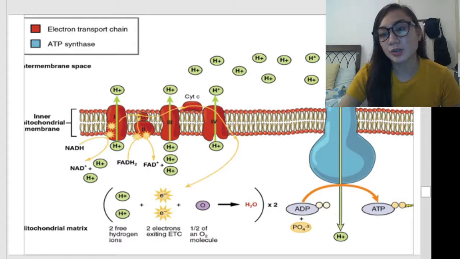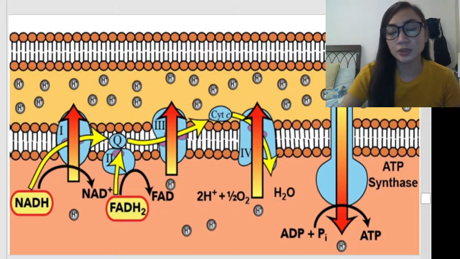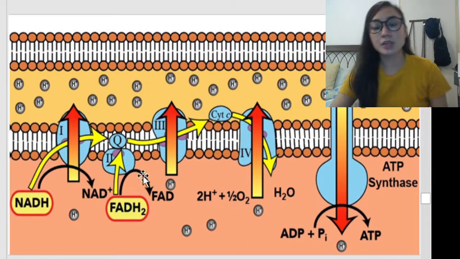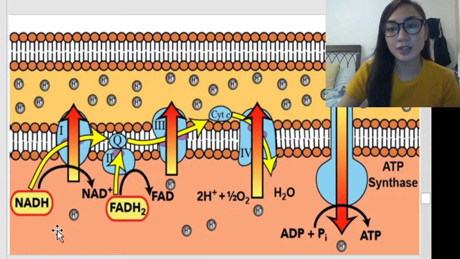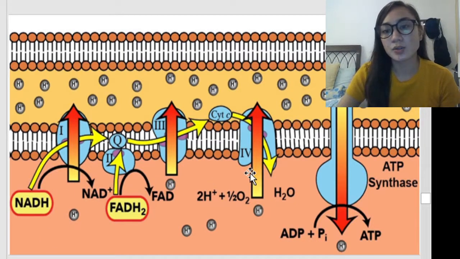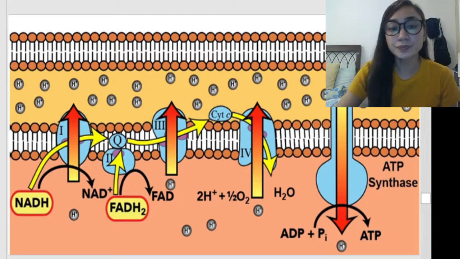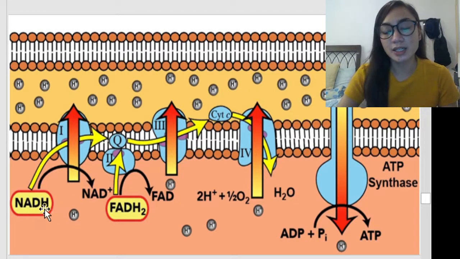Okay? So, yun yung summary ng ating electron transport chain, as you can see. So, you may use this picture to summarize everything that is going on from complex 1 to complex 4. So, as a review, sa ating complex 1, si NADH will be oxidized. Ibig sabihin, may hydrogen ion na mawawala and it will transform into NAD+.